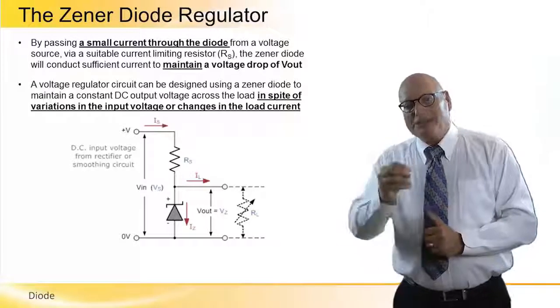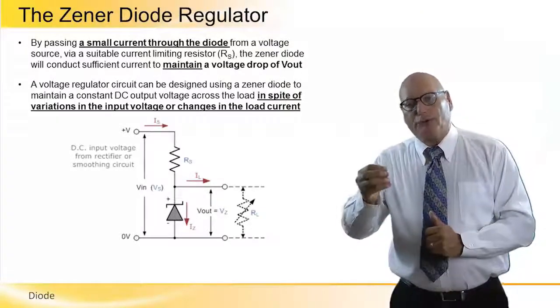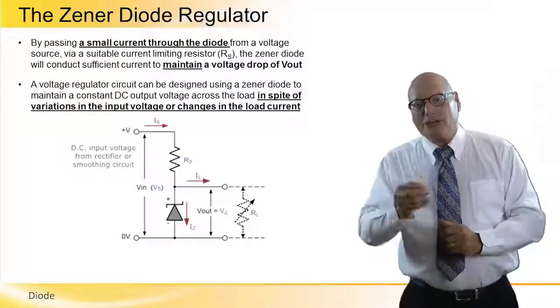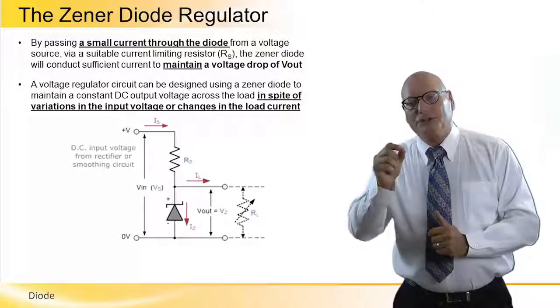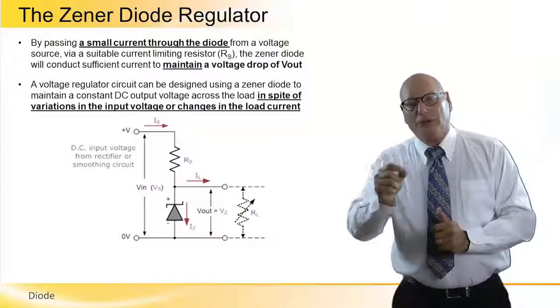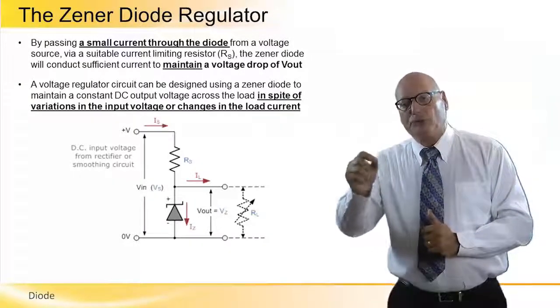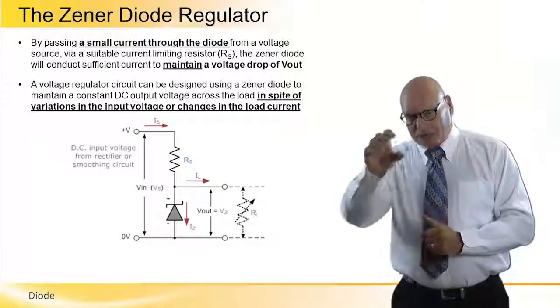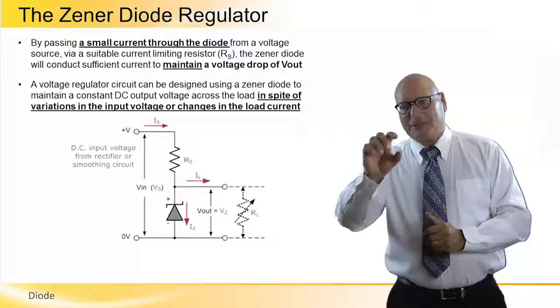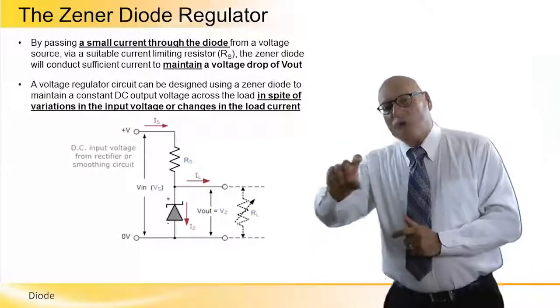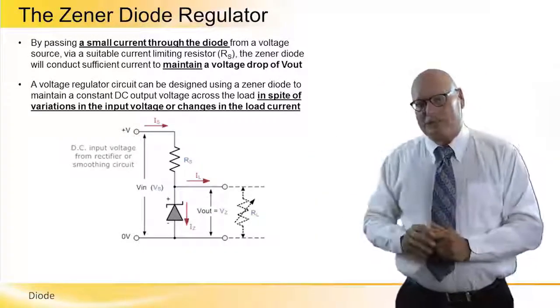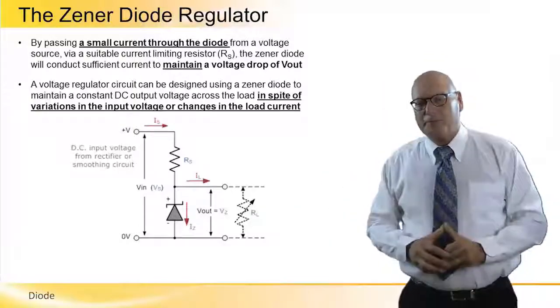By passing a small current through the diode from a voltage source, via a suitable current limiting resistor, the Zener diode will conduct sufficient current to maintain a voltage drop of V out. So that Zener has a fixed V out, and that V out goes out to the load, whatever the load is, based on the electronic circuitry.